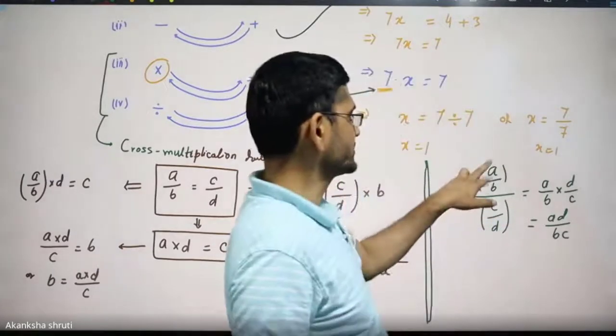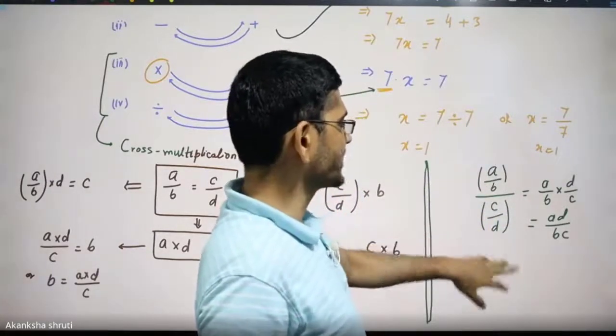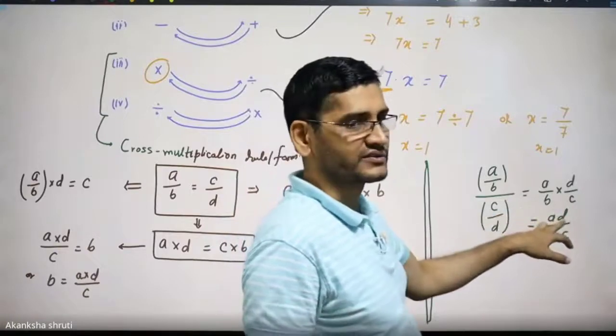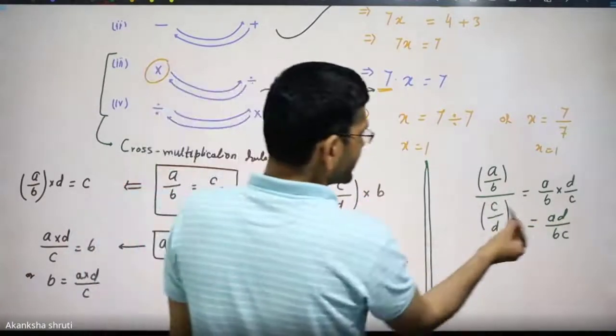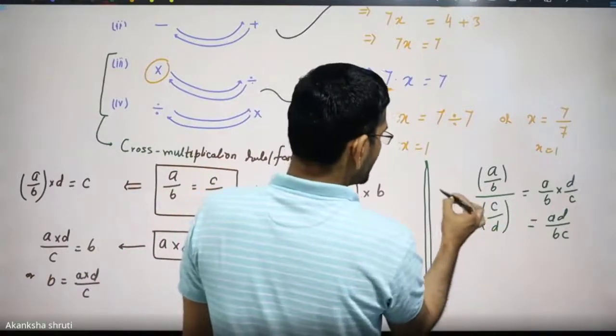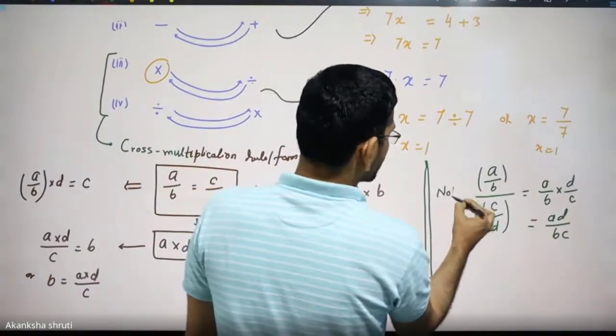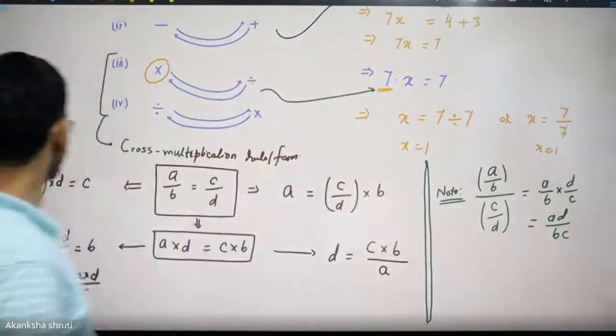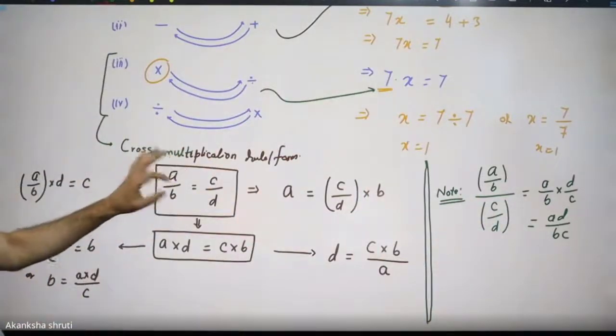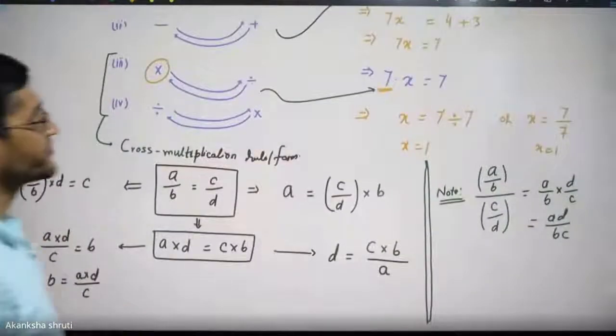So this ratio of two ratios can be converted into a single ratio. This is the other thing that will come during the simplification. Otherwise, our rule was this one. So these are the rules that we are going to apply and find the solution.